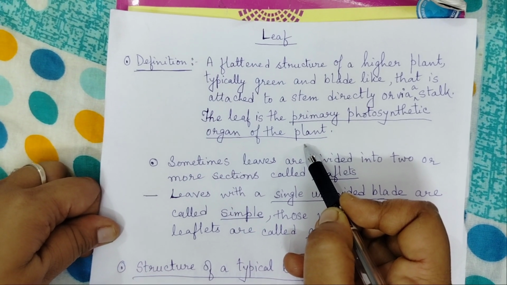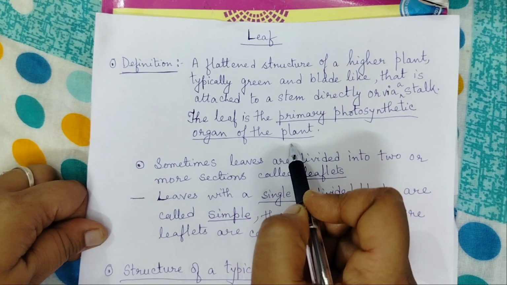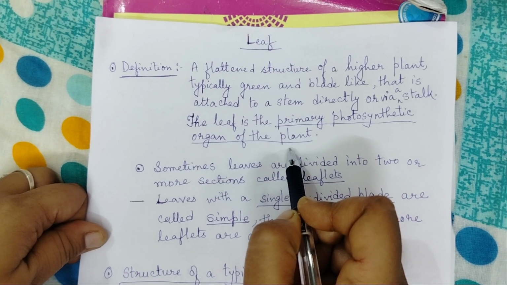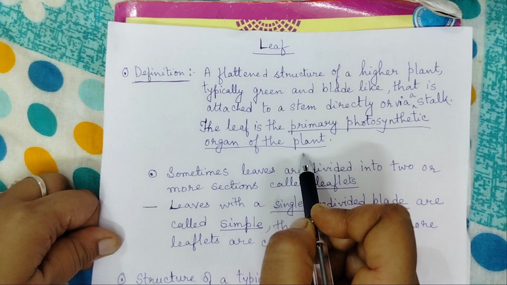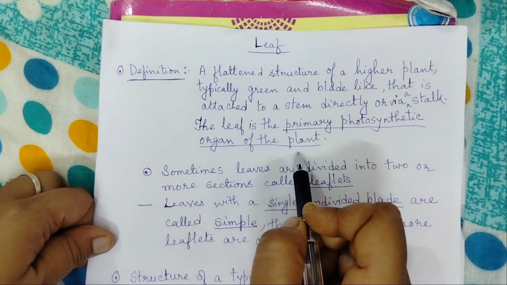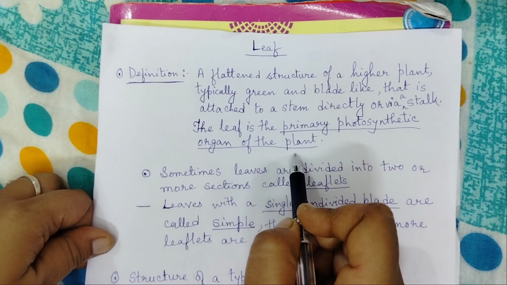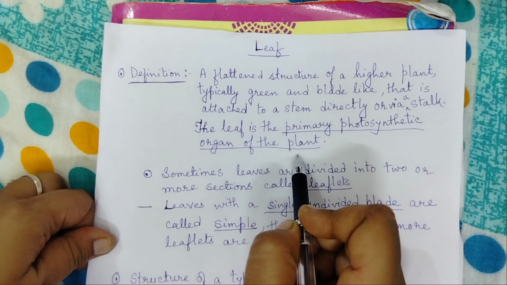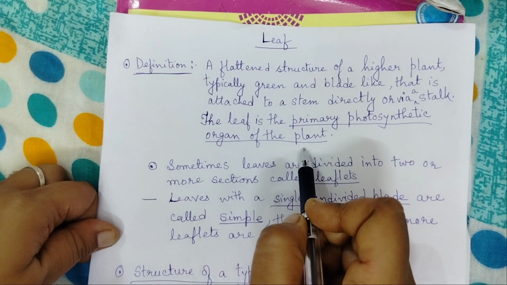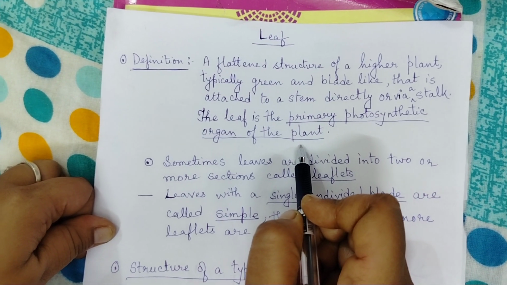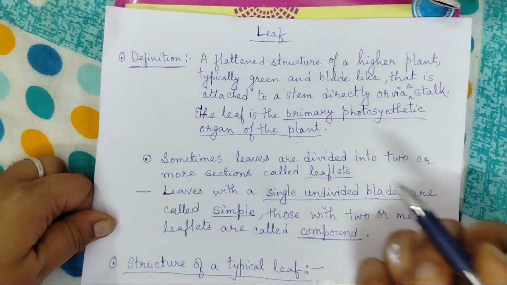Why is it known as the primary photosynthetic organ of the plant? Due to the presence of chlorophyll, the photosynthetic pigment present in the plant, green plant mostly. That's why leaf is the primary photosynthetic organ of the plant.